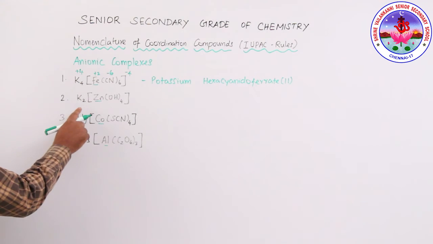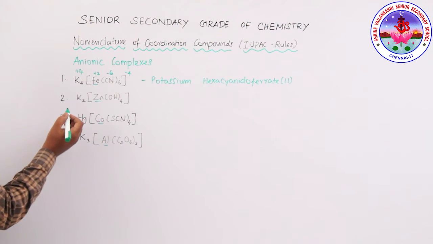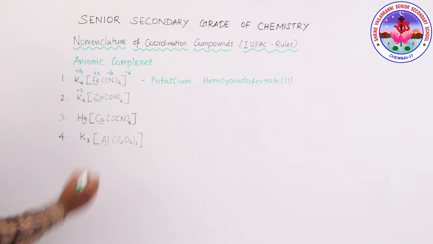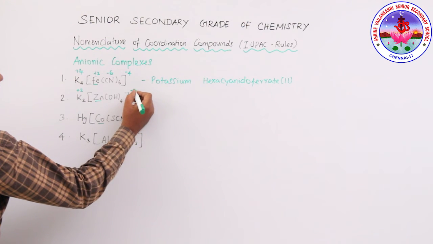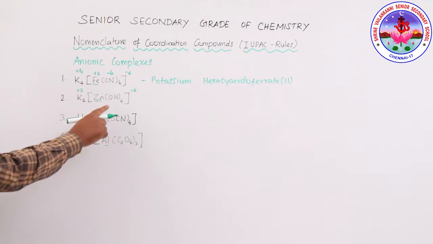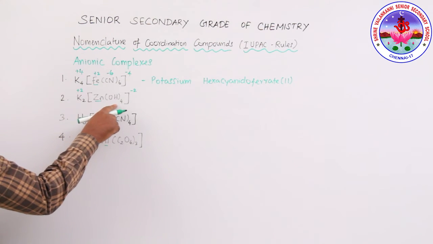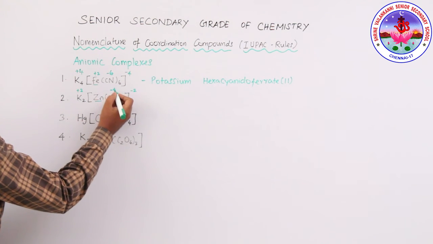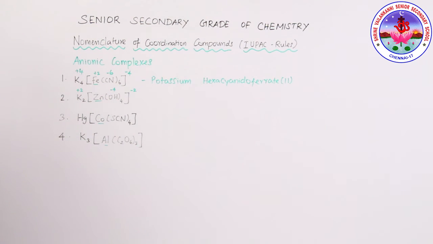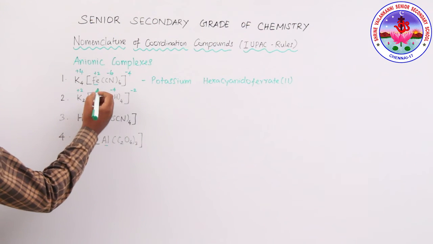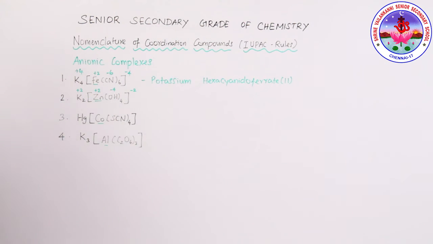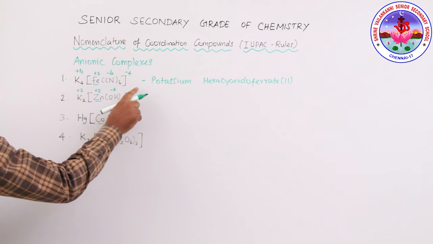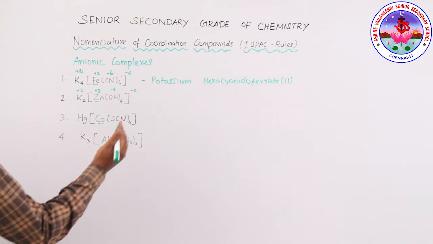Then look at this complex. Here also potassium is present, so +1 times 2 becomes +2, and the complex charge should be -2. Then hydroxy is named hydroxido. Hydroxido has -1 charge, -1 times 4 is -4. The charge of the complex is -2, so if I put +2 on zinc, the total becomes -2, which matches the charge of the complex. So it is satisfied.